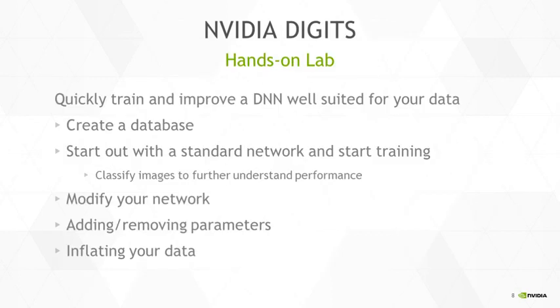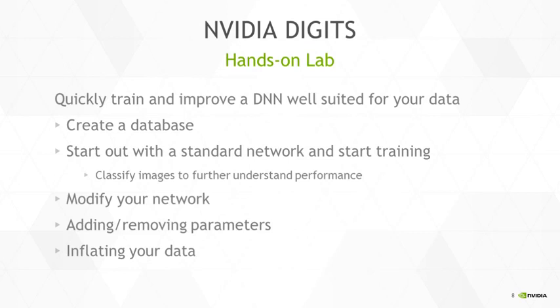Okay, so I'm going to talk about the hands-on lab, and I'll talk about Digits. As I talk about Digits, this is a guide for how you will go through the lab. So you can use this PDF as reference documentation while you're going through the lab. I'm going to talk about quickly training and improving your deep neural network to be well suited for your data.